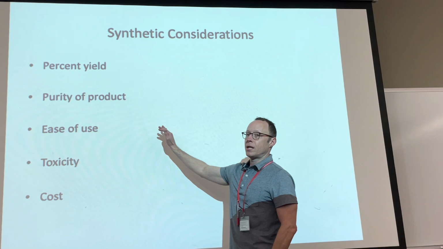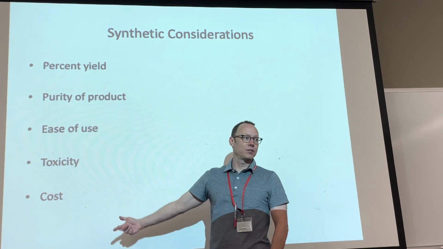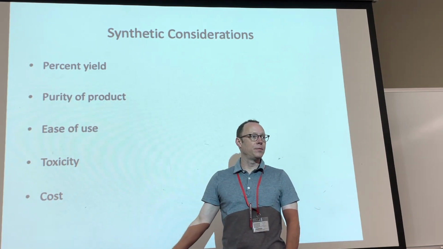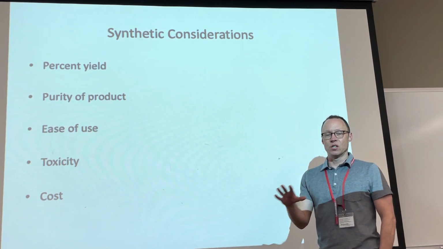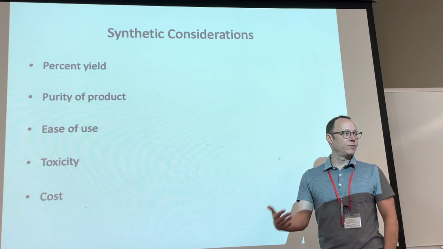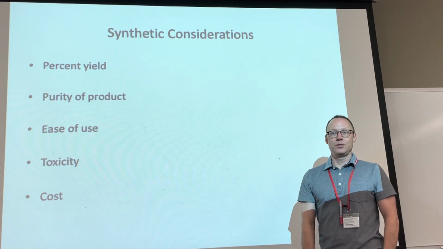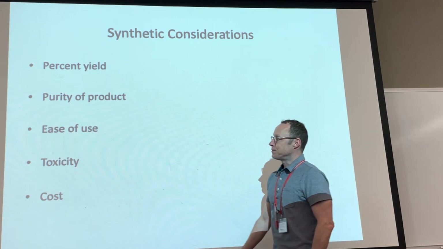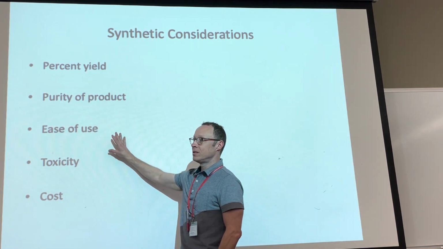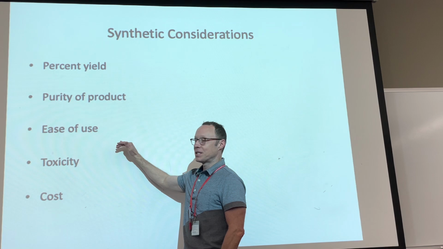How pure is your product? Well, you're not going to know that until you do the characterization next time. But if you have one method that's giving you a whole bunch of garbage in your spectrum and one that's giving you pure product, well, you're going to choose the method that's giving you more pure product. How easy things are, that's sometimes a consideration.